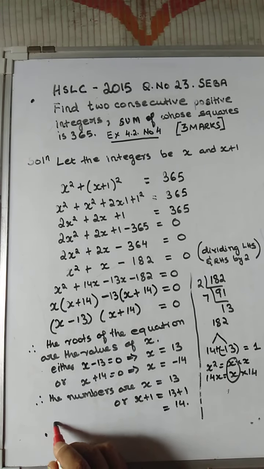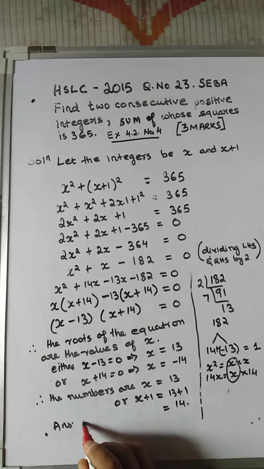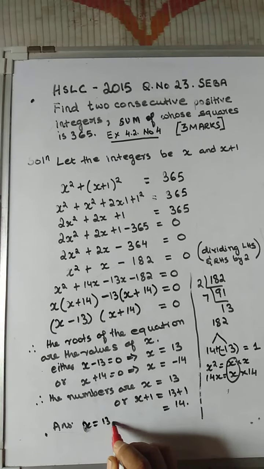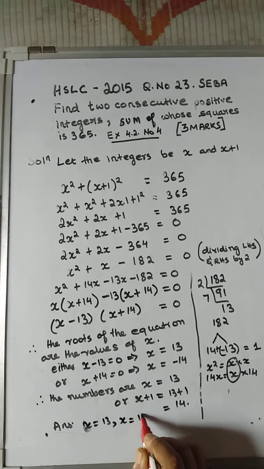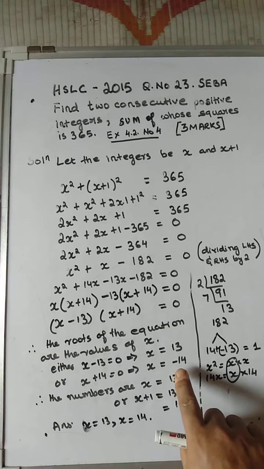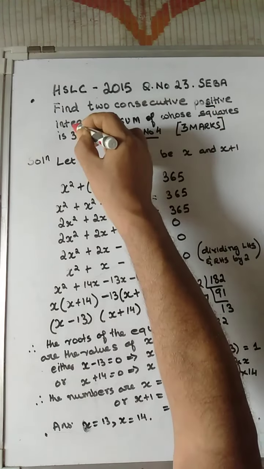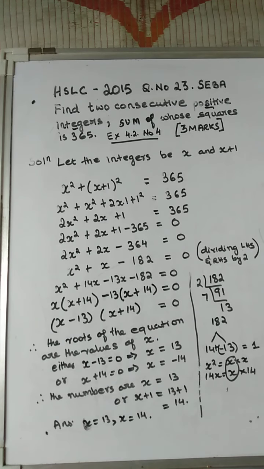And your answer is x is equal to 13, x is equal to 14. You do not take the value that you got as root, x is equal to minus 14, because they need positive integers. So you take 13, and the other consecutive number is x plus 1, which is equal to 13 plus 1, which is equal to 14.